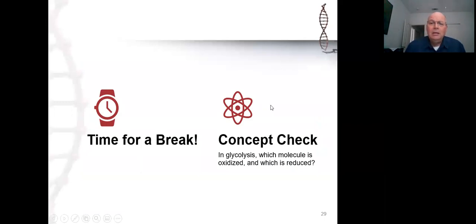So in glycolysis, just a quick concept check. We're not going to stop here for very long at all. In glycolysis, which molecule is oxidized, which is reduced? Well, I just gave you the answer to that one, didn't I? The molecule that is oxidized is glucose. The molecule that is reduced is NAD+. So glucose is oxidized to pyruvate.